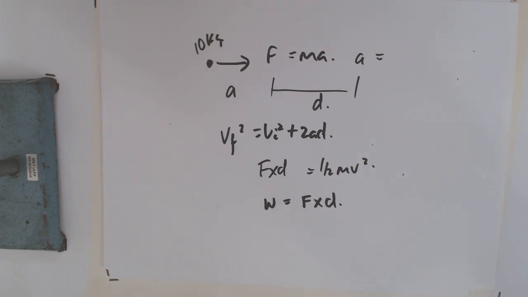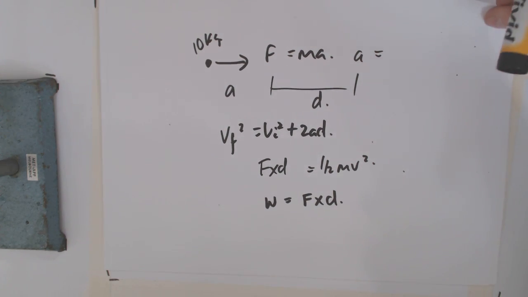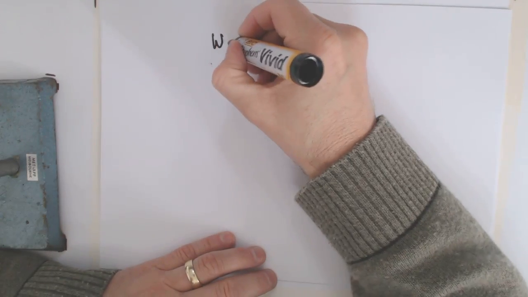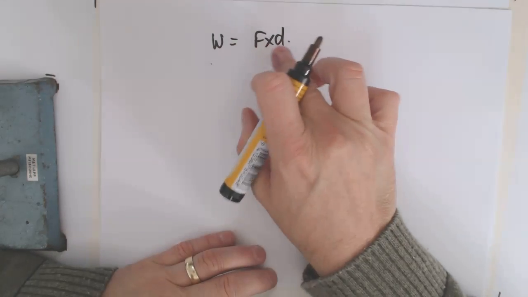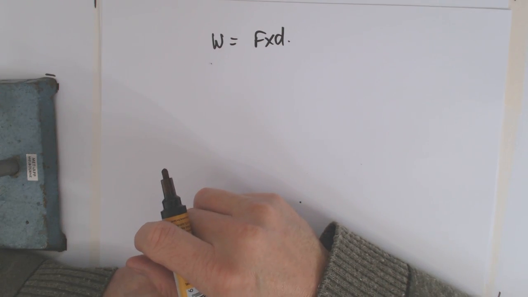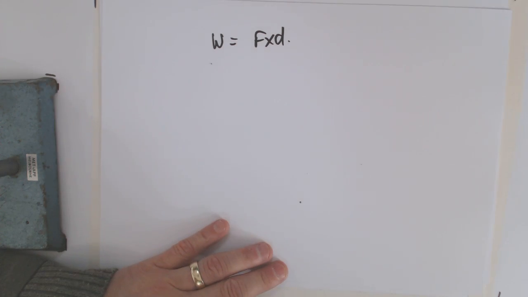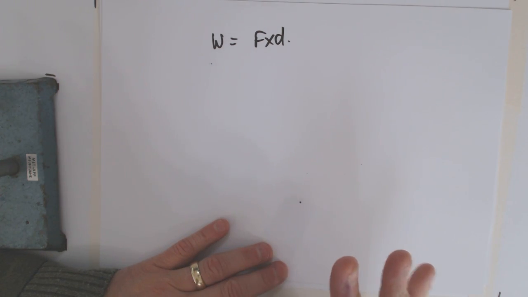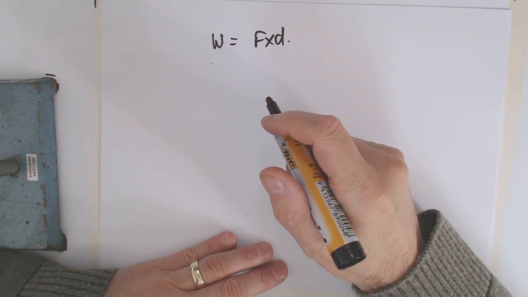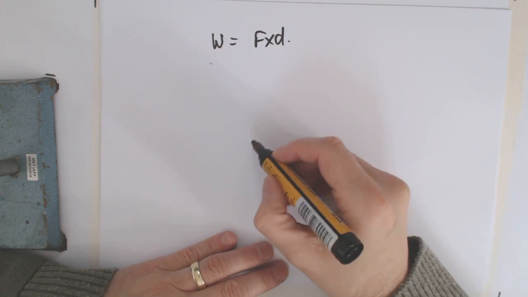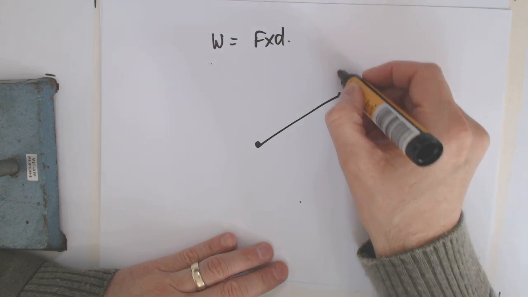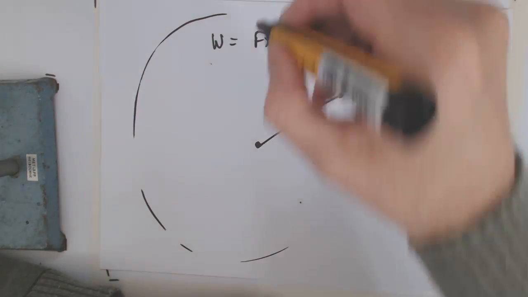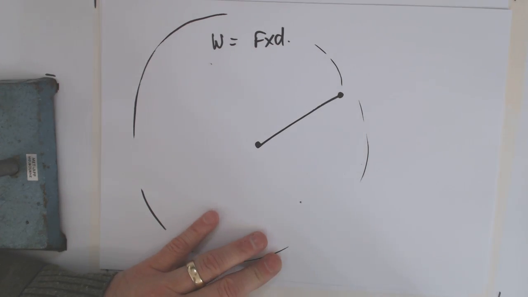Now the thing about work is, and again this is a level 1 principle that you should know, work equals force times distance, the force must be in the direction of the motion. So if my force is not in that direction, then no work is done. So it's a little bit like if I've got a rope and I'm swinging something, this is looking down and it's going in this big circle. This is centripetal, so it gets back circular.